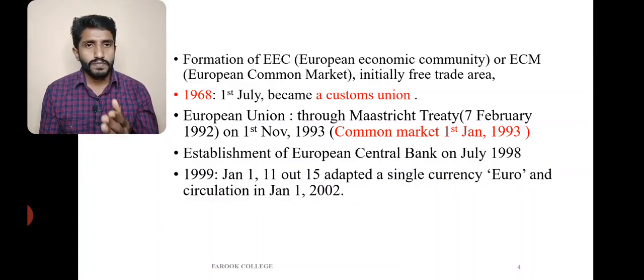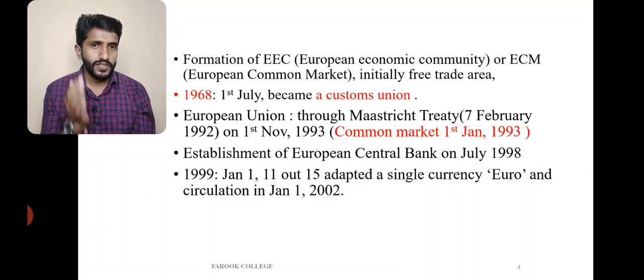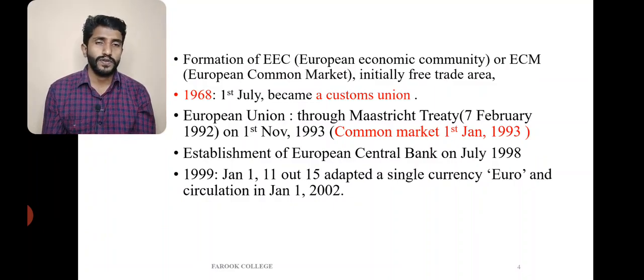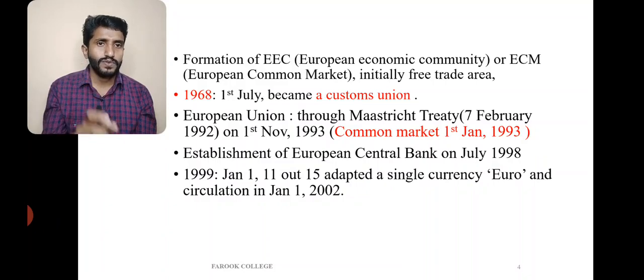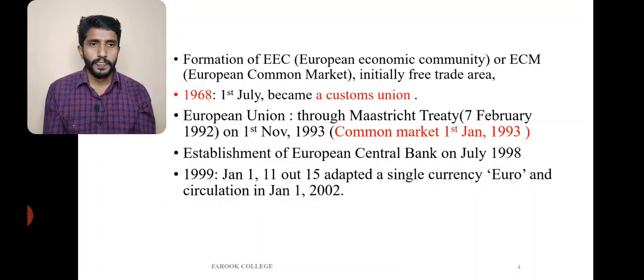So it became a common market by allowing the free flow of capital and labor among the countries. From 1993 onwards, it is known as the European Union, so from the European Economic Community it came to be known as the European Union.